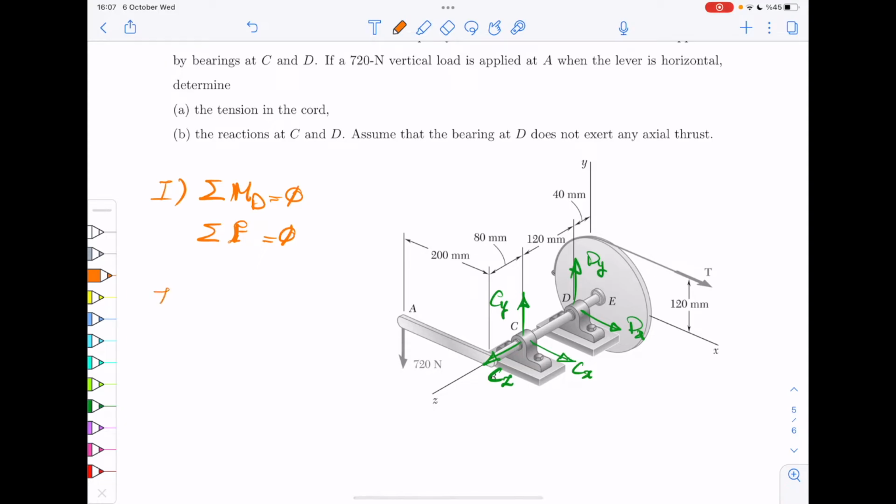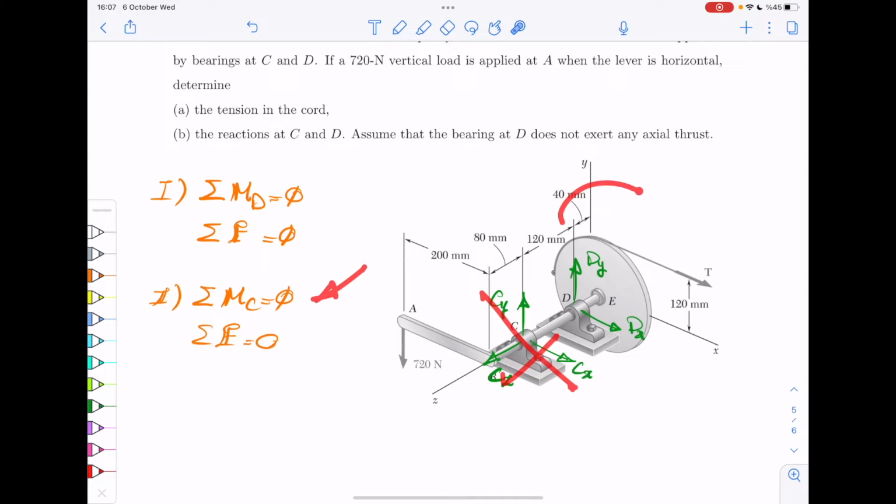The other way maybe is to start from moment with respect to C being 0, and then of course again some of the forces to be 0. But now you can imagine if you do the second one, when you write that, you would have less unknowns to deal with, right? So by writing the moments with respect to C, we will not see any of these in those three equations.